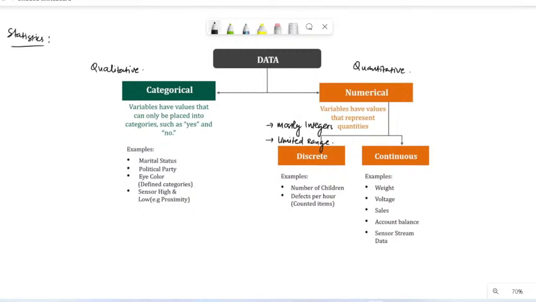Mostly integer, but it will not always be integer. Mostly integer, but does not mean that it will always be integer. Limited range, short range will be there, obviously.